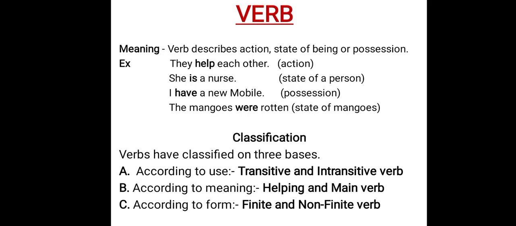A verb may be used with meaning or without meaning, and those are helping verb and main verb. We will also discuss in a separate video what helping verb and main verb exactly mean. The third one is according to form.